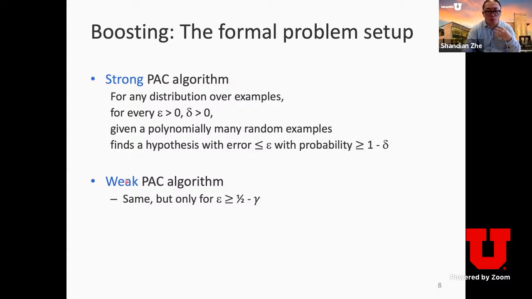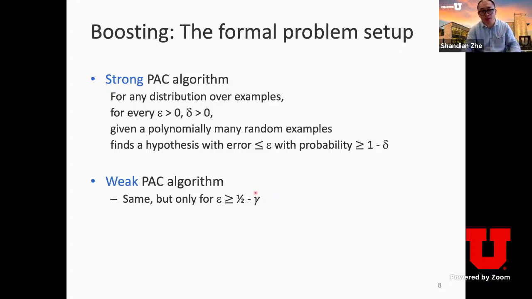What kind of algorithm can be called a weak PAC algorithm? It satisfies all the requirements of the strong PAC algorithm, except that we do not have a strong requirement for the true error. We just require that your true error is slightly better than 50%. So you can say epsilon is no less than one half minus some value gamma, where gamma is a small value, like 0.01 or 0.05, whatever.